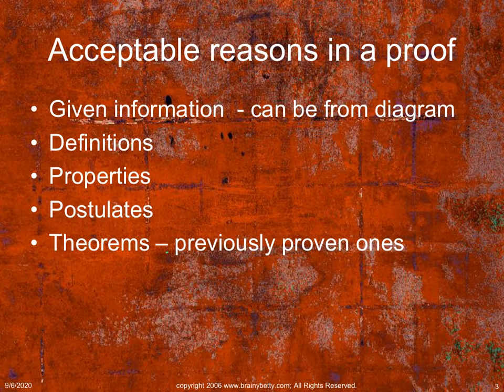Now, I'm going to clarify what previously proven ones mean as far as the theorems go. One thing to keep in mind in this course is geometry is cumulative, meaning whatever we have learned back in August is fair game on a test for, say, chapter 10 that we might take in April.